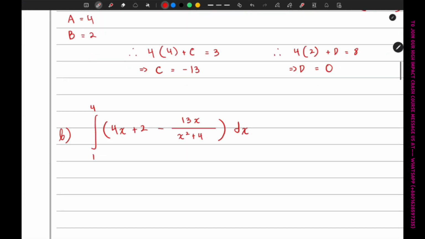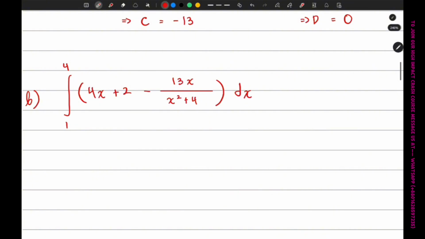Now if you want to apply this formula in this part, if you differentiate this one, you get 2x, but there's 13 in this part. But this is a constant, we can change this, no problem.